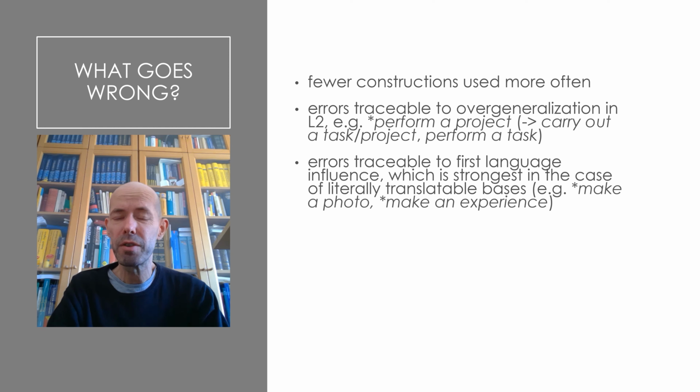So make a photo is not really impossible, but it would refer to the actual production process, someone, well, in the old days, working in a dark room to actually produce a photo, but it's not about taking snapshots.